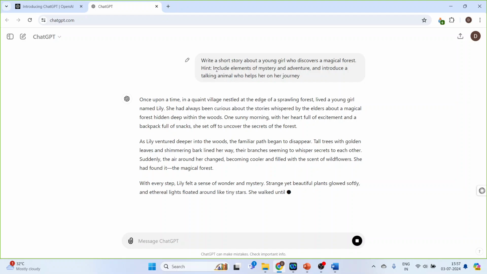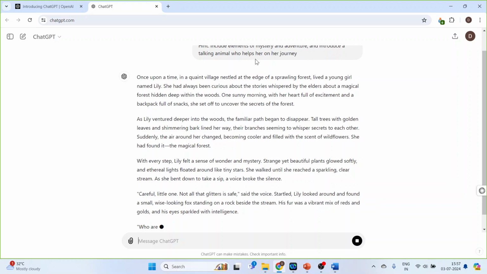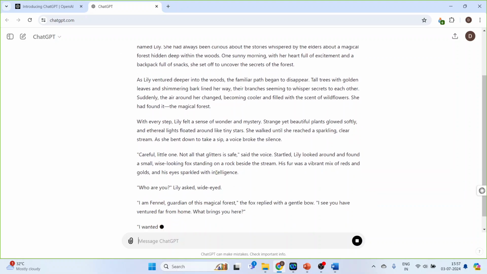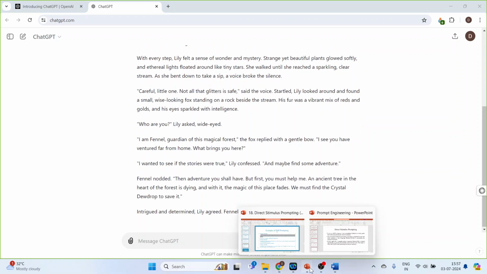So the hint is to include elements of mystery and adventure and introduce a talking animal. So here it is. Okay. Next prompt.